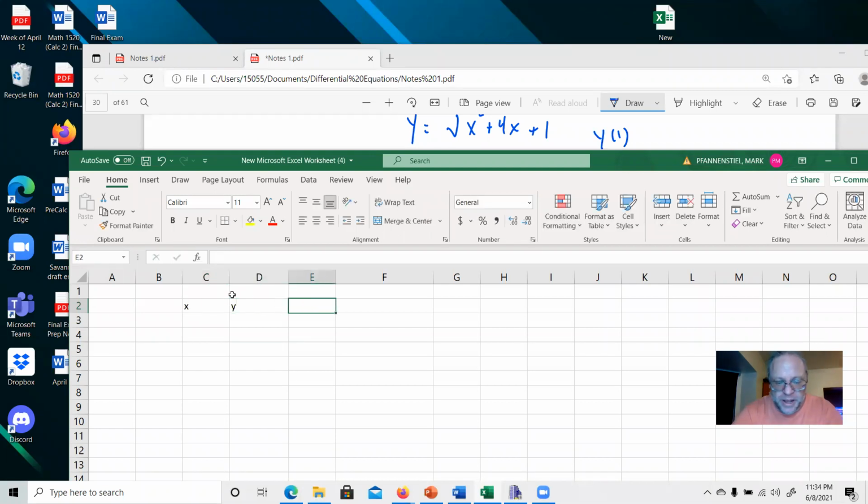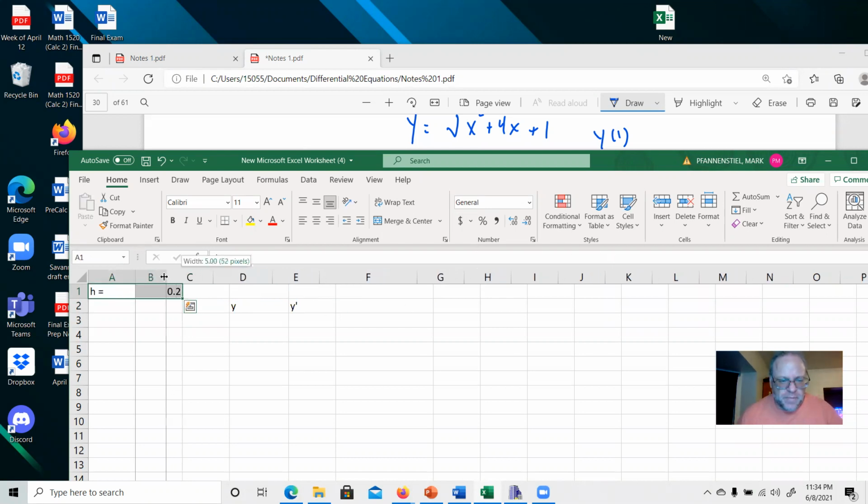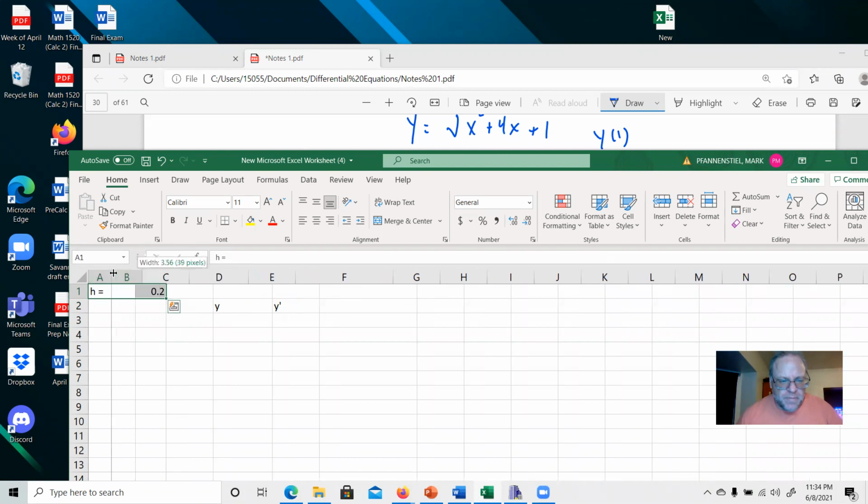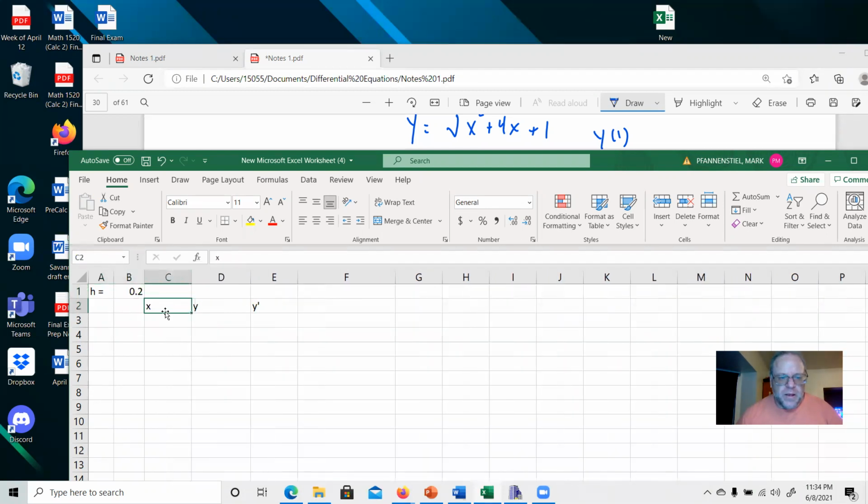X, Y. Let's go with Y prime. Oops, let's get rid of that. Okay. We're going to have our H equals 0.2. Okay, so let's go ahead and move this over here. Okay, we'll move this over a little bit.